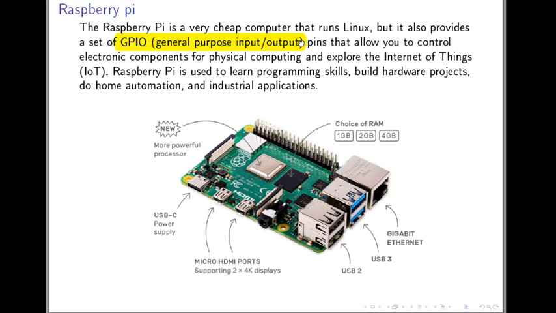The processor is almost as powerful as your laptop processor. Now we have micro HDMI port to connect video and audio devices. So in fact, it is a single board full-fledged computer. You can connect your screen and keyboard, and you have a full-fledged computer.